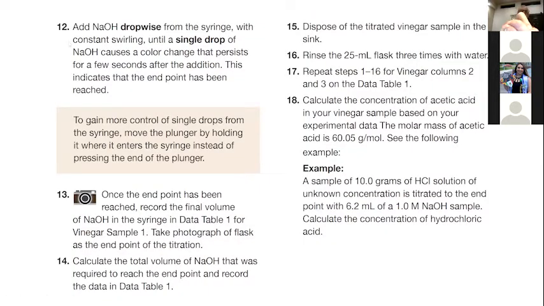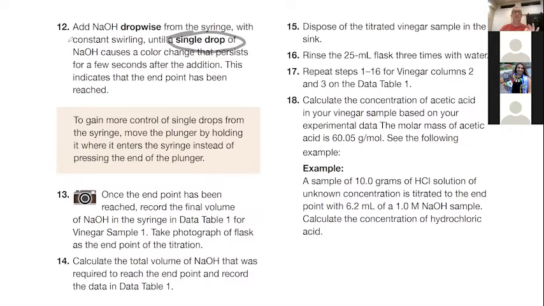Yes, you want to keep going until a single drop of sodium hydroxide causes that color change that persists for a little while. And you swirl and swirl and swirl, and maybe that bright color goes away, but the pink color doesn't go away entirely.